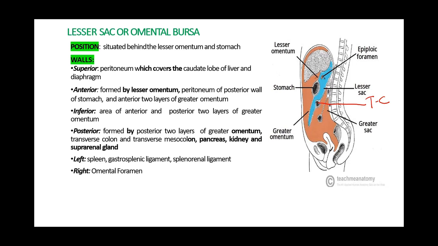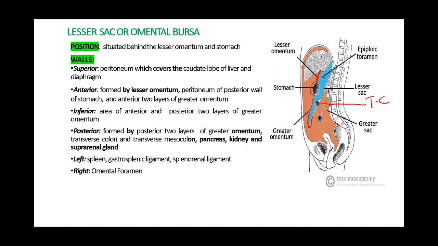Where is it situated, the position? It is situated behind the lesser omentum and the stomach. This sleeve of peritoneal fold is called the lesser omentum, that connects the liver to the stomach. That is the lesser omentum. So this is the stomach, and this is the greater omentum.